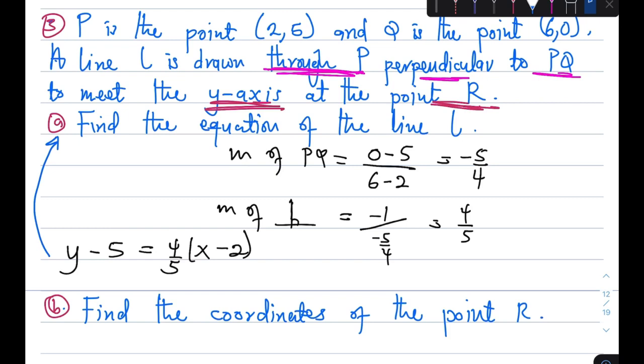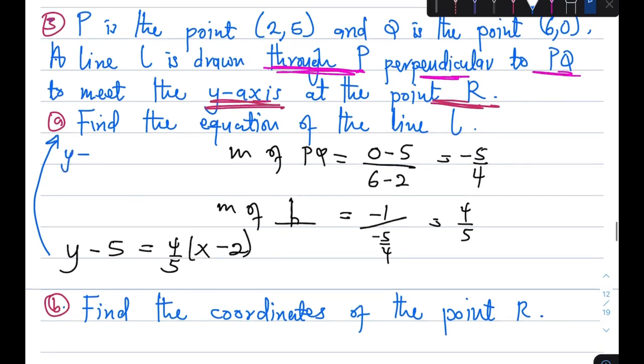What will happen now is that we have y minus 5 is equal to, let's just multiply by 5 because of the fraction. We are going to have 5y minus 25, which is equal to 4 into bracket x minus 2. That will give us 5y minus 25 is equal to 4x minus 8.